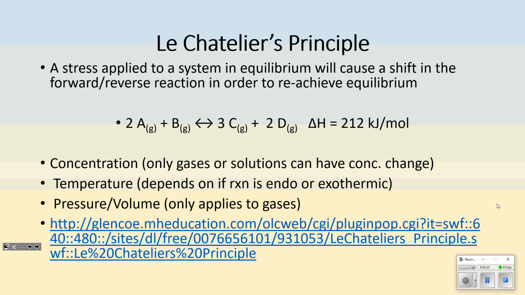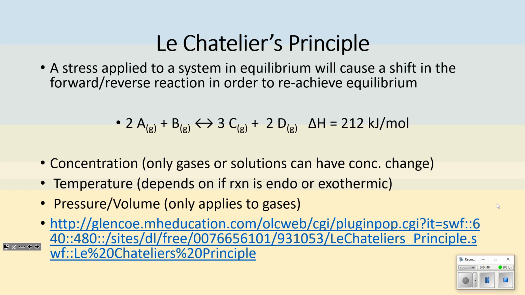Now notice I have a delta H on the far right-hand side. Notice that's a positive value. That must be an endothermic reaction. That's an important thing to recognize as we're doing this. The three stresses I have below the reaction: if you change the concentration of a reactant or a product, that no longer makes it balanced.